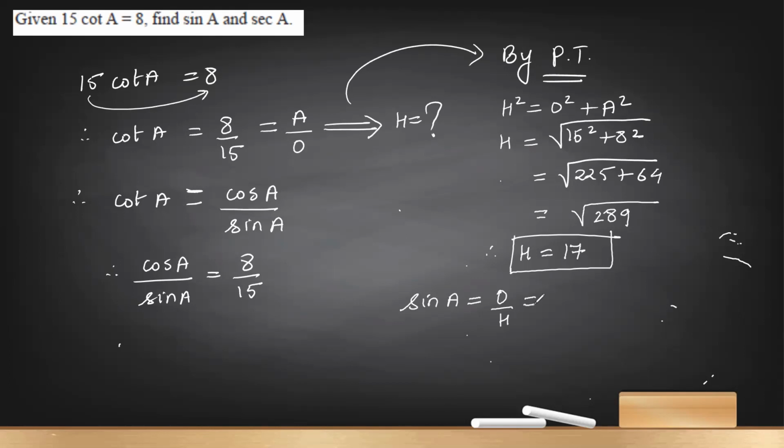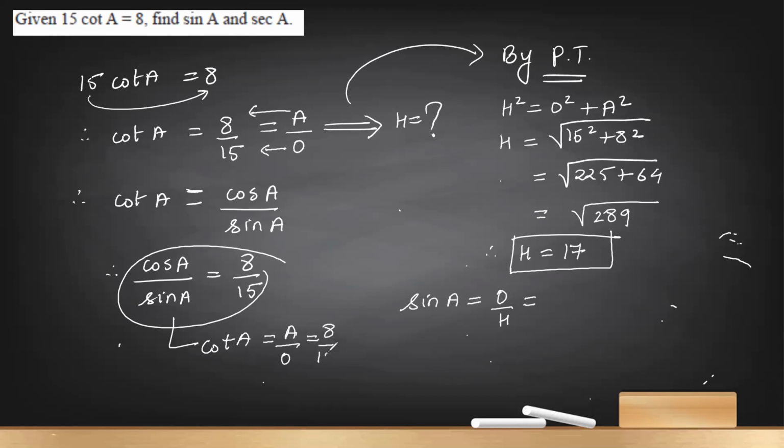Cot A is equal to adjacent upon opposite, which is equal to 8 upon 15. So A is equal to 8, O is equal to 15. So sin A is 15 upon 17. That is the value of sin A.